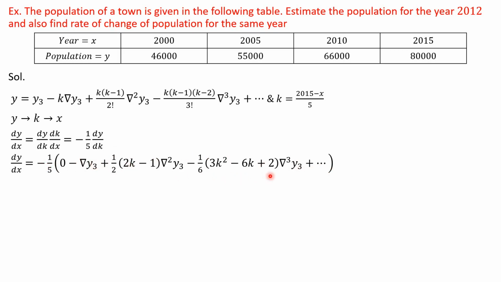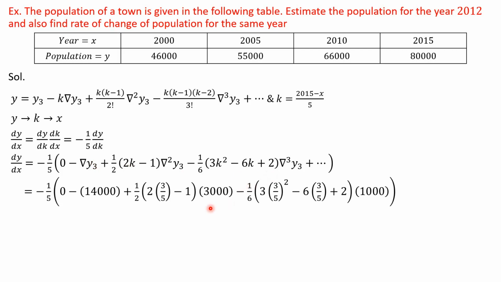Now let's put all these values and we get dy by dx at x is equal to 2012 as 2722.66 per year. So this is the rate of change of the population for 2012. So this is how, without finding a polynomial also, we can calculate these values.